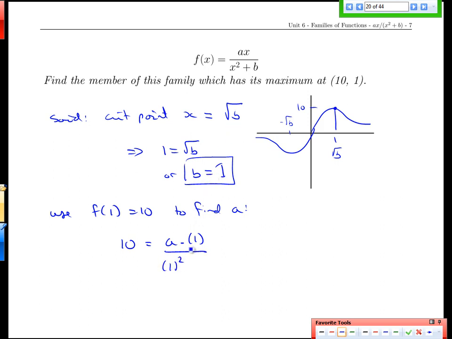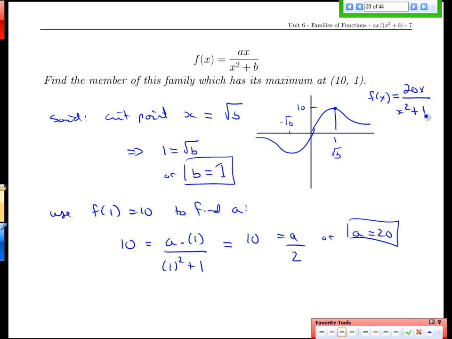And we said that b was also equal to 1, so that'll be 1. So we'll have 10 equals a over 2, or a equals 20. So this graph, the one we're looking for, the member of this family of functions, starting with that as our canonical form, would be 20x over x squared plus 1. A equals 20, b equals 1.